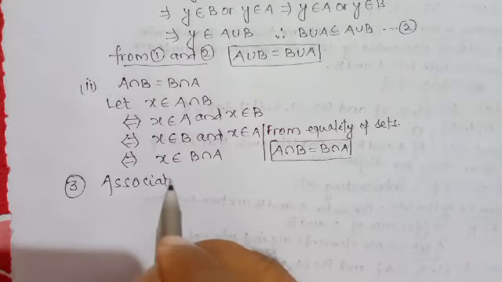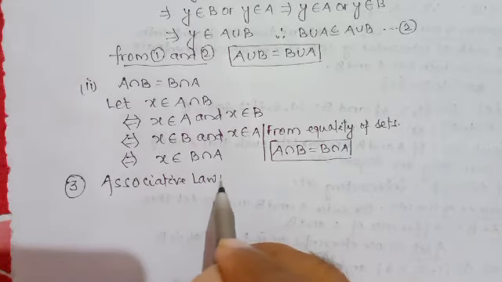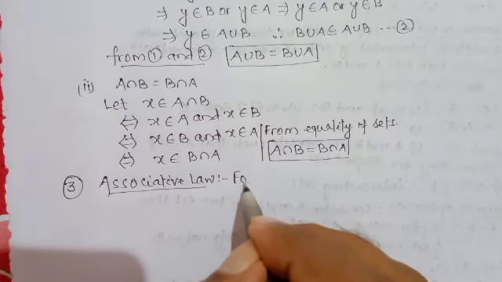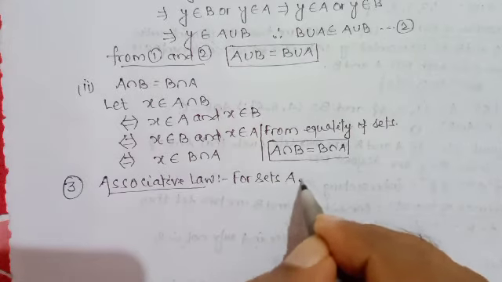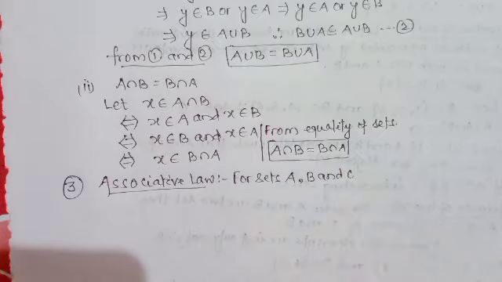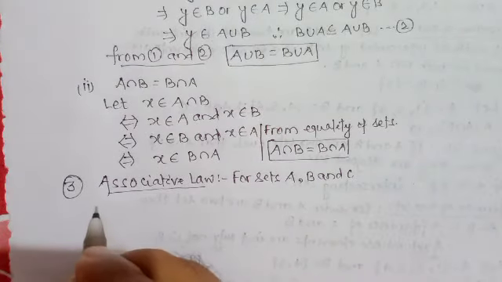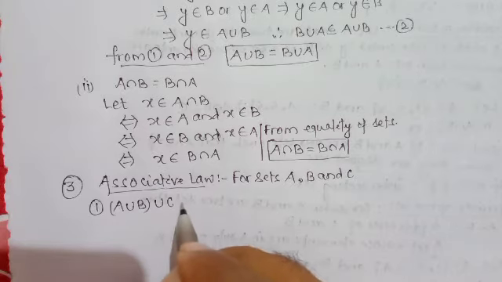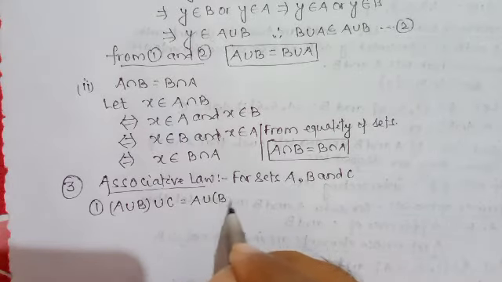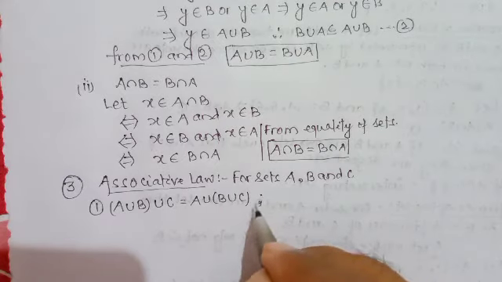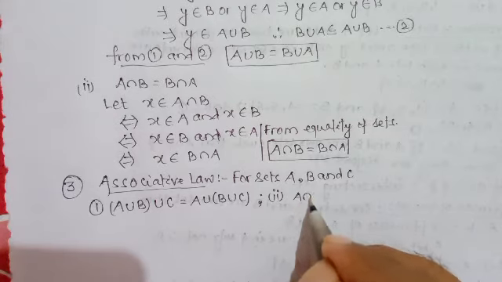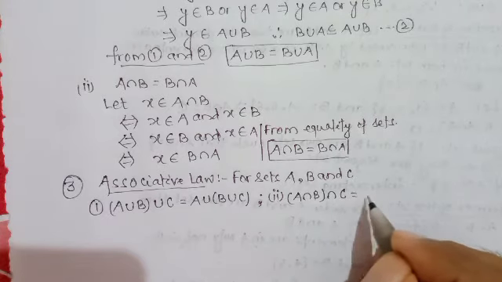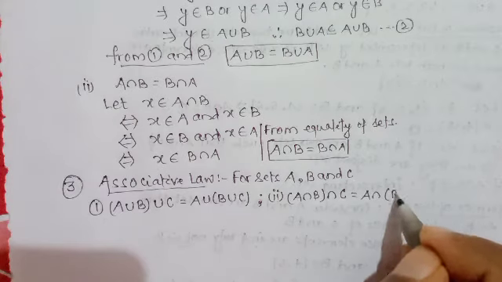This law is for three sets A, B and C. The first law is A union B union C is equal to A union B union C, grouped differently, and the second law is A intersection B intersection C is equal to A intersection B intersection C, grouped differently.